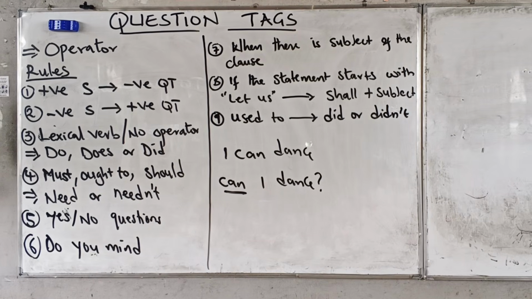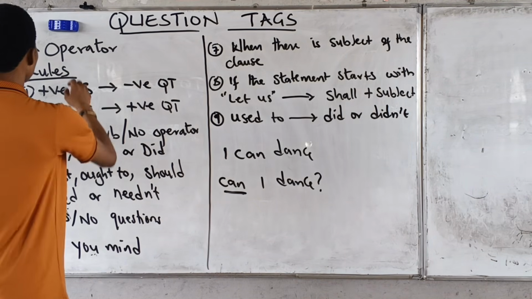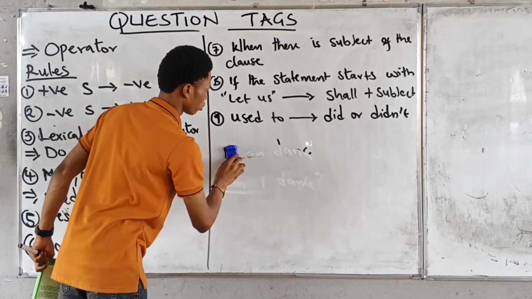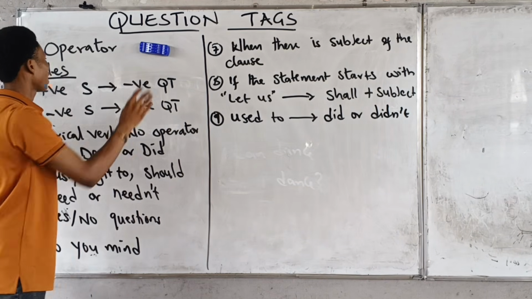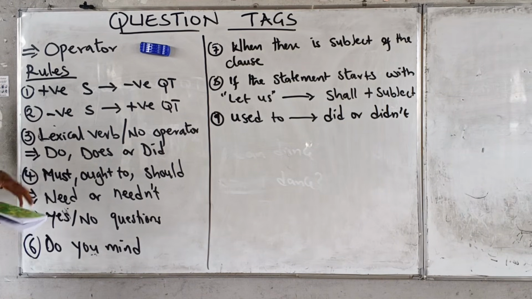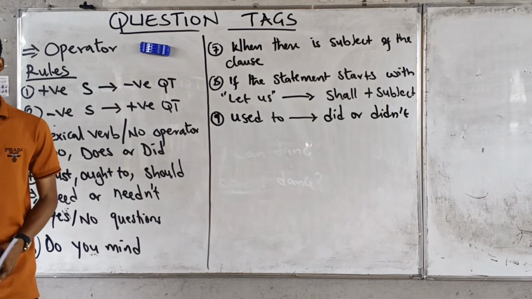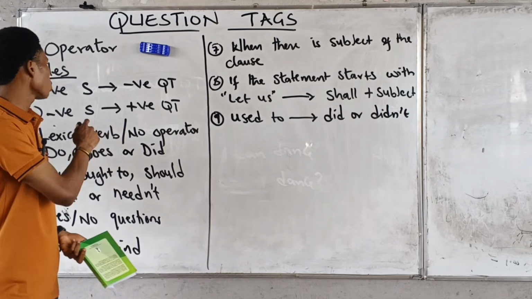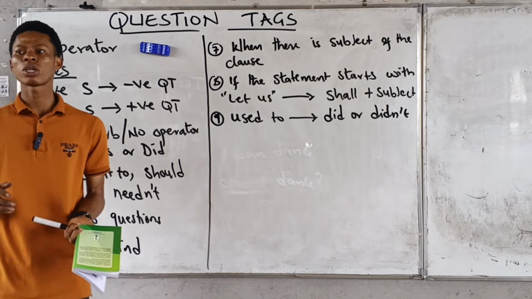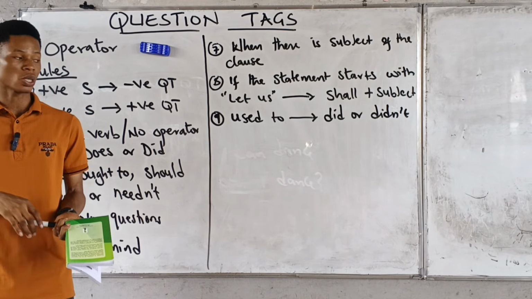So, that's that. Let's look at the rules now. In question tags, the first rule: positive statements will go with negative question tag. Now, what is a positive statement and what is a negative statement?